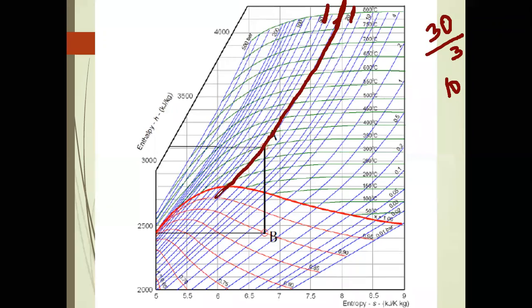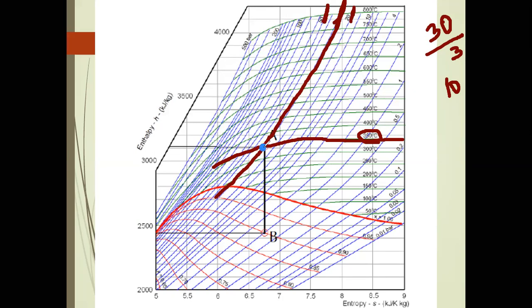The other information is the 350 degrees Celsius temperature. Where is 350 degrees Celsius? You can see that here. If I draw the line for the 350 degrees Celsius temperature, then I will get the intersection point, the blue point.